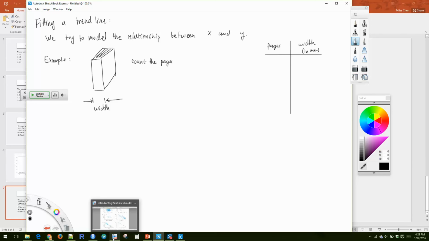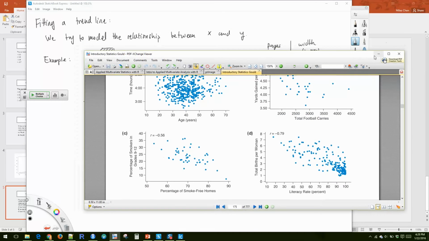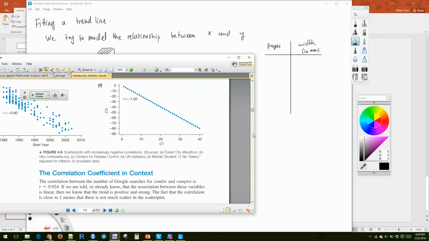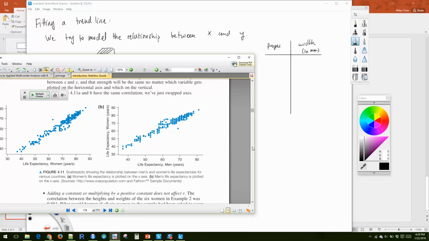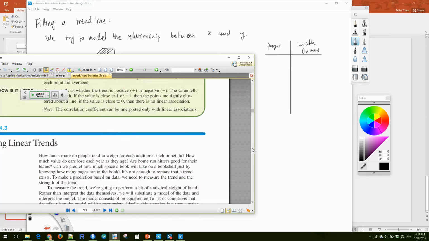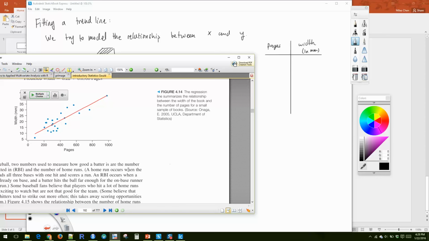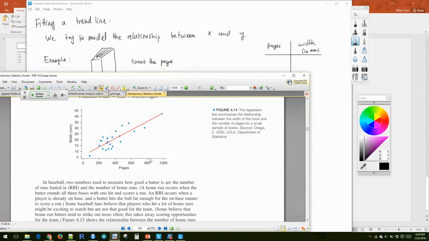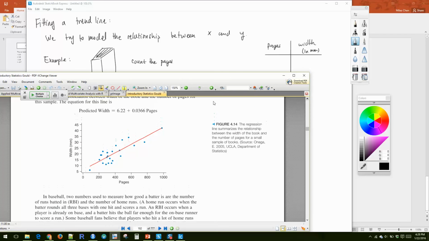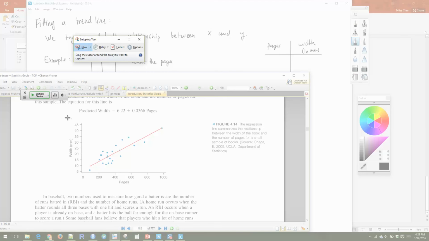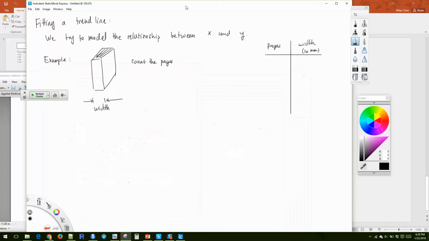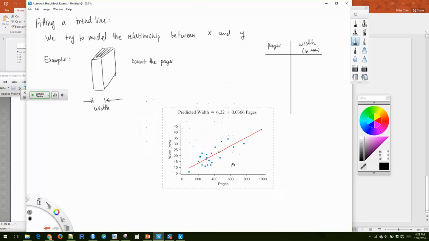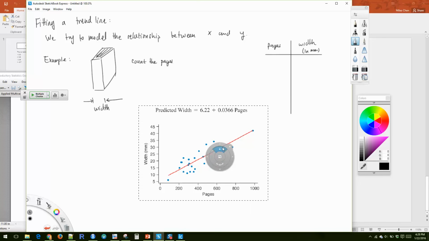And so we've gathered some data. I'm going to just cheat here and copy the graph between the number of pages and the width. If you want to redraw this, you can.